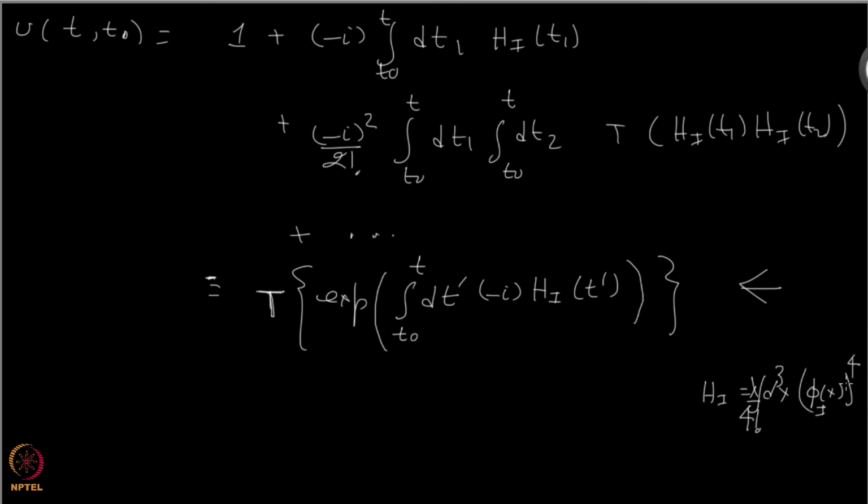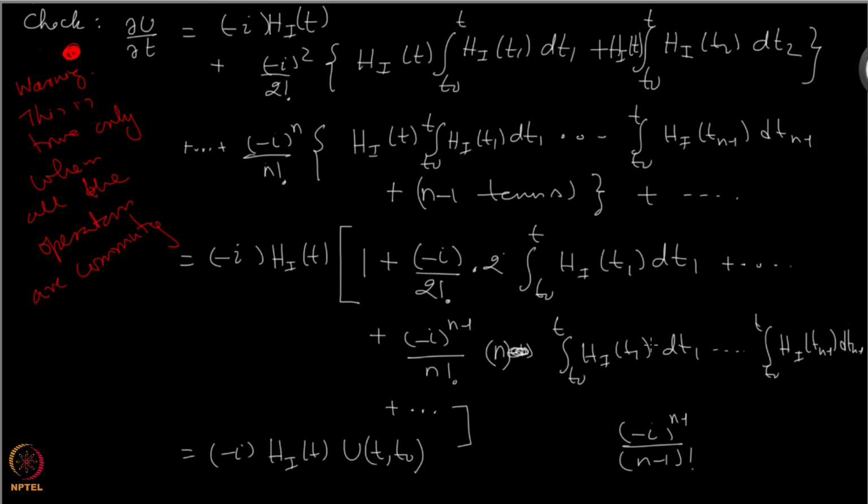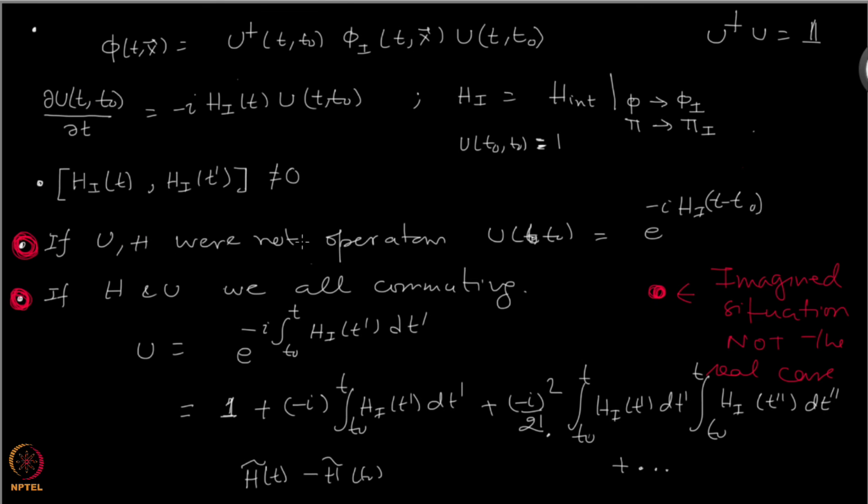Okay, so this is HI for us. So you see this entire U is constructed out of only phi I's, because once you expand this will contain only phi I's, powers of it, which means that I have now expressed phi in terms of phi I's only, which is one thing I wanted to do.